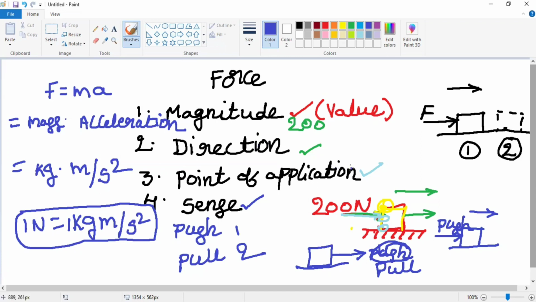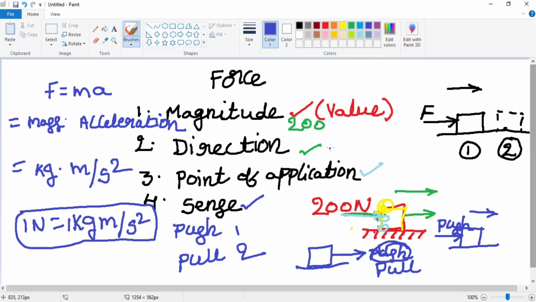Point of application is important because at which point you apply the force, the body can be moved easily. For example, if you want to open a door, you have to apply the force in a particular direction and at a particular point only. And you have to decide which sense to use to open or close the door, either push or pull.